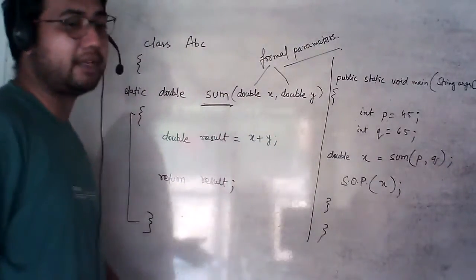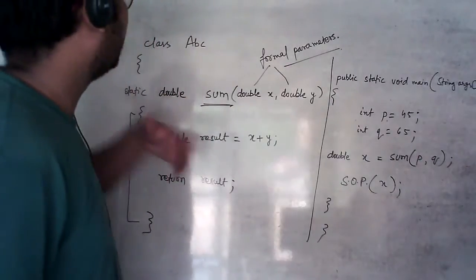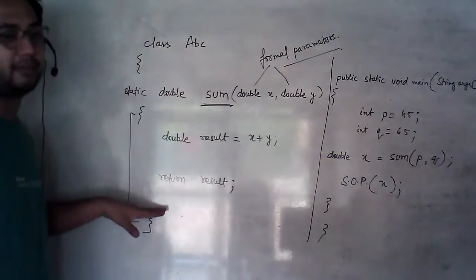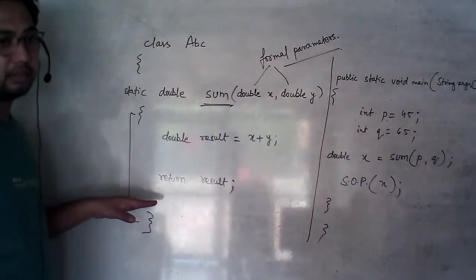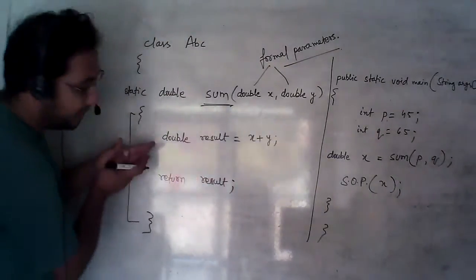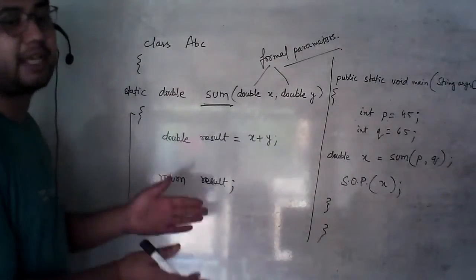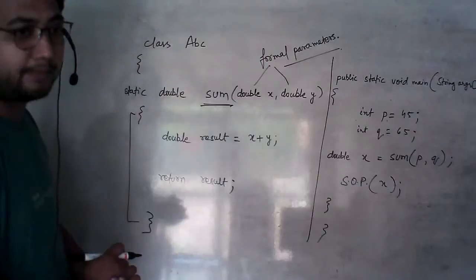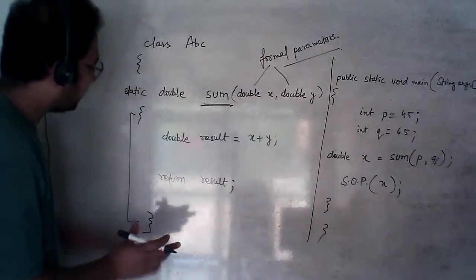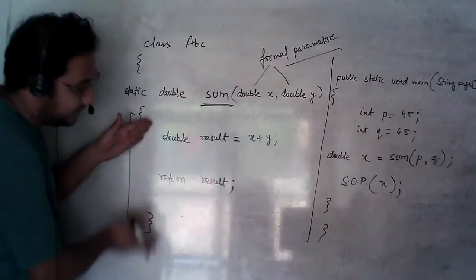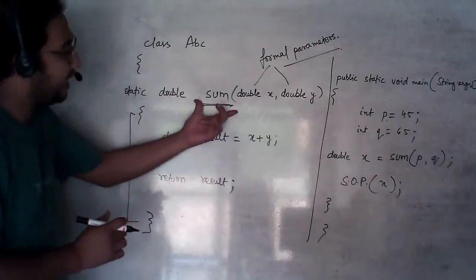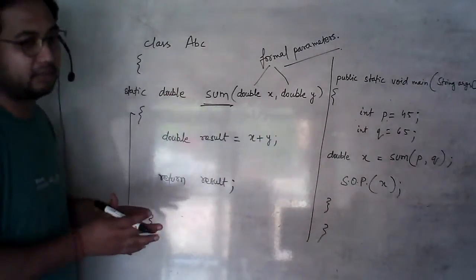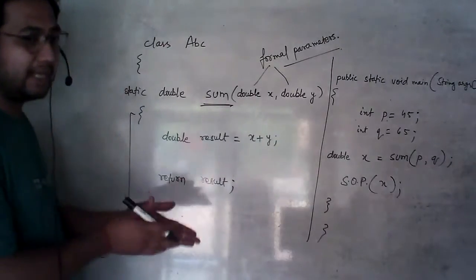So in the same manner, Saurabh, listen carefully. In the same manner, I can write any definition of the function. The benefit is you can make the function as big and as large as you want. You can have any name of the function, you can give a proper task, a big task or a small task.